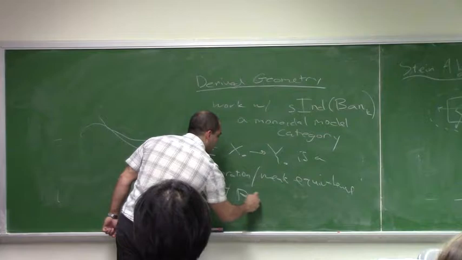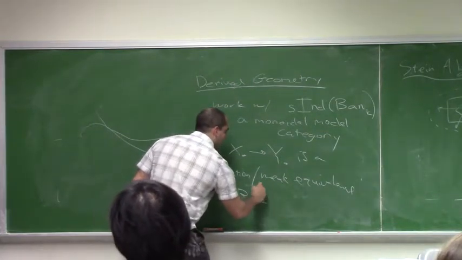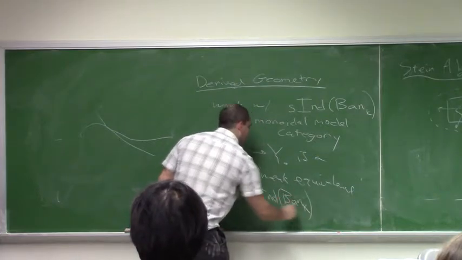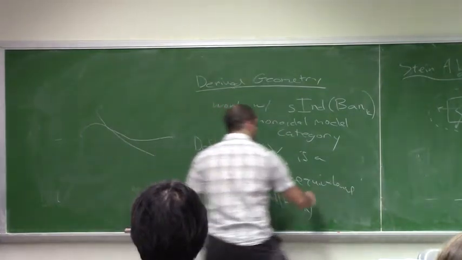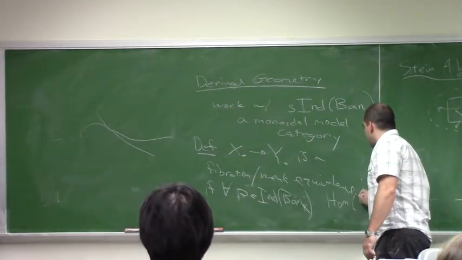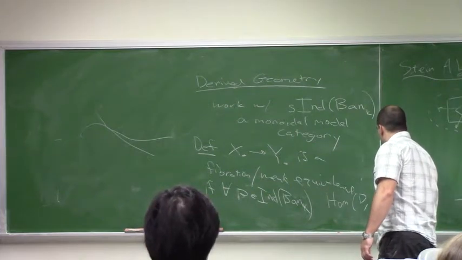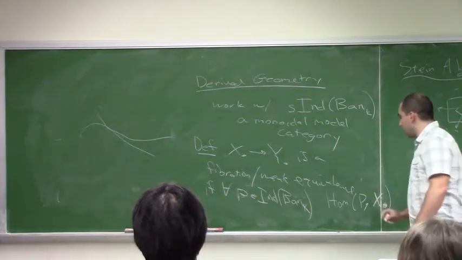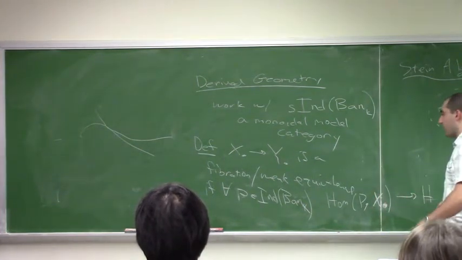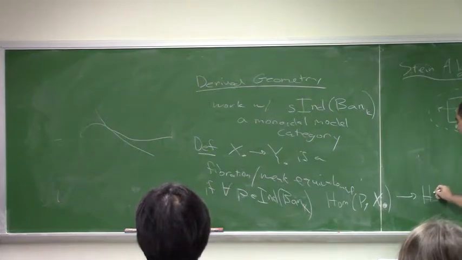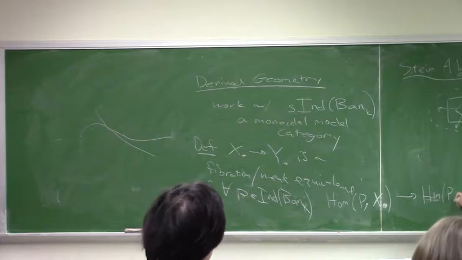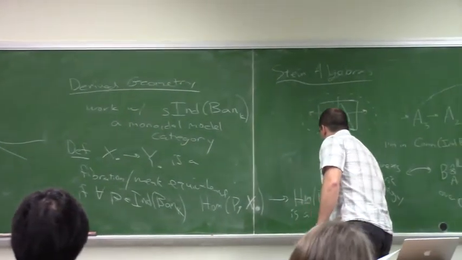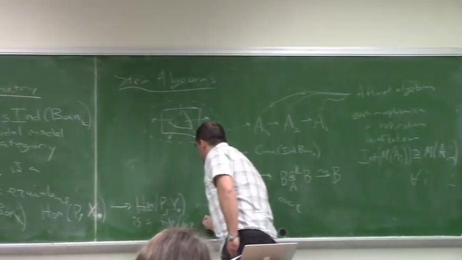If I take all projectives inside the bornological spaces, it's actually enough to work with just those, then you can get yourself a simplicial set, i.e. a topological space, by Hom from P into X dot. Then this should be a weak fibration or weak equivalence of simplicial sets for all projectives.